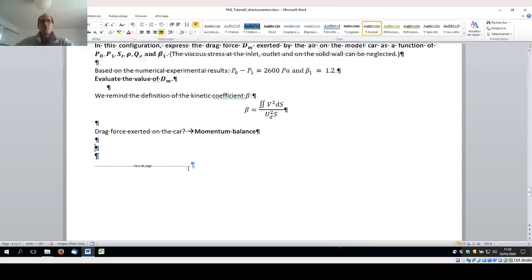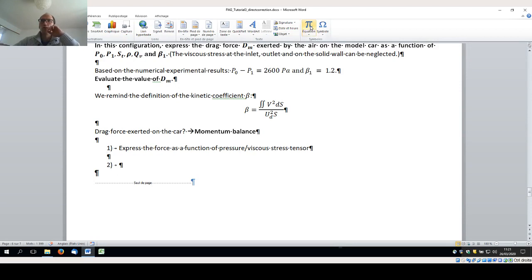So what I advise you is always, first part, you express the force that you are looking for as a function of pressure and viscous stress tensor.